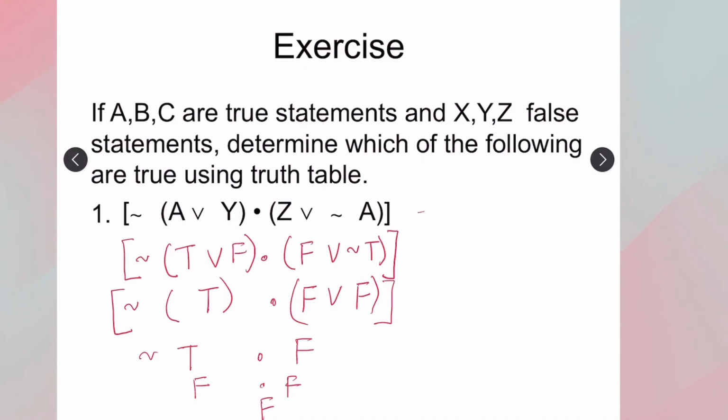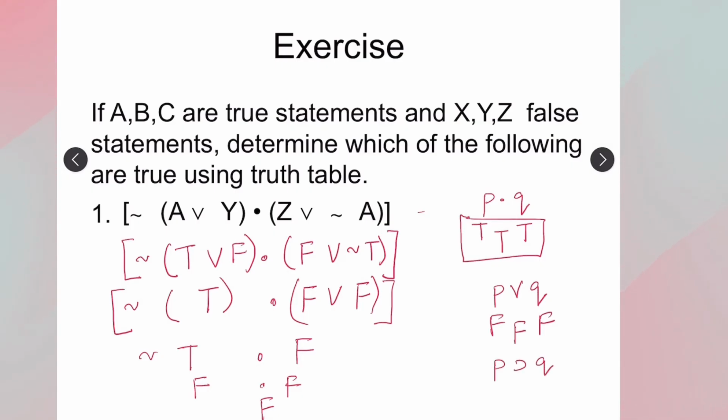Now in this case what you have to remember is, in P dot Q, if both the conjuncts are true then it will be true, and in case of P wedge Q, when both the disjuncts are false, in that case it will be false, and in case of P horseshoe Q, if the antecedent is true and the consequent is false, in that case it will be false. So these are the three conditions which you have to remember, because negation is easy.